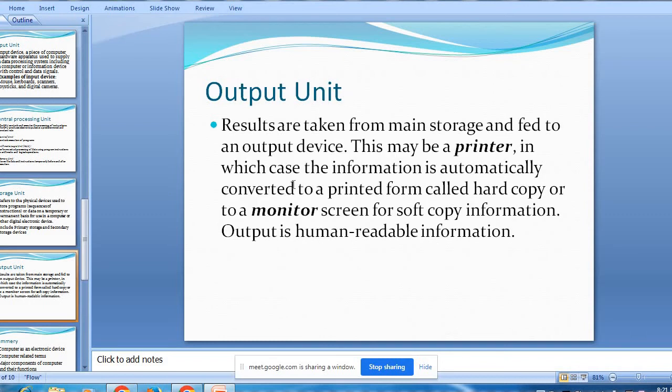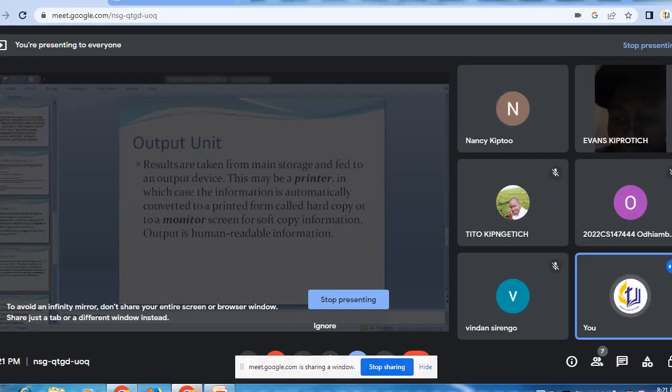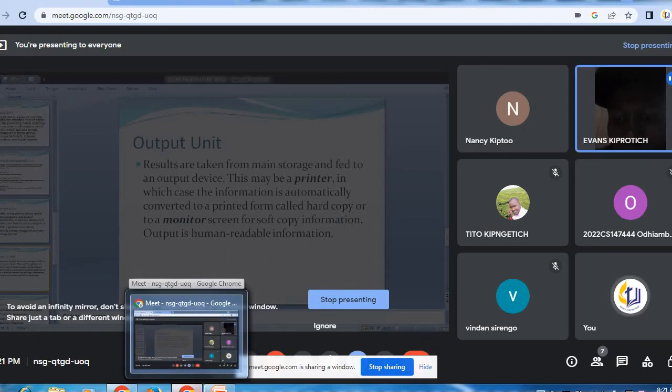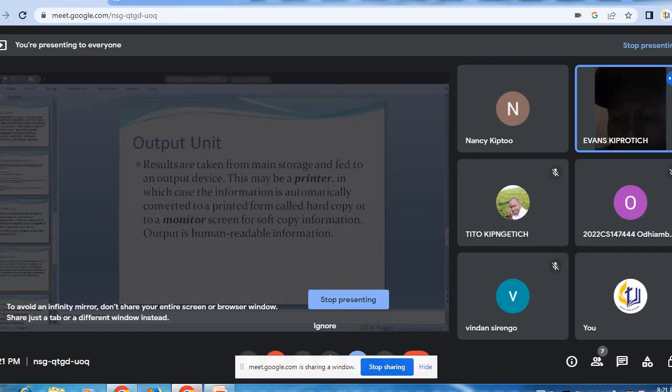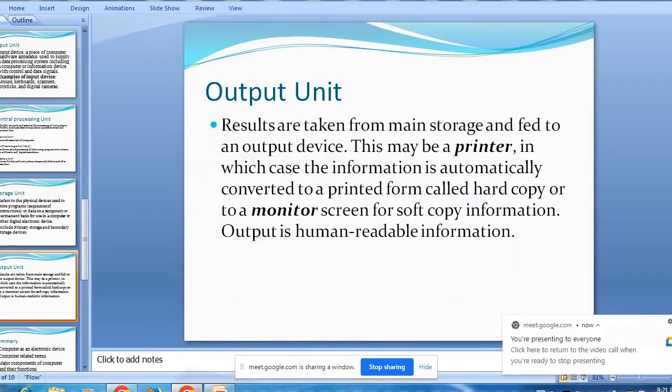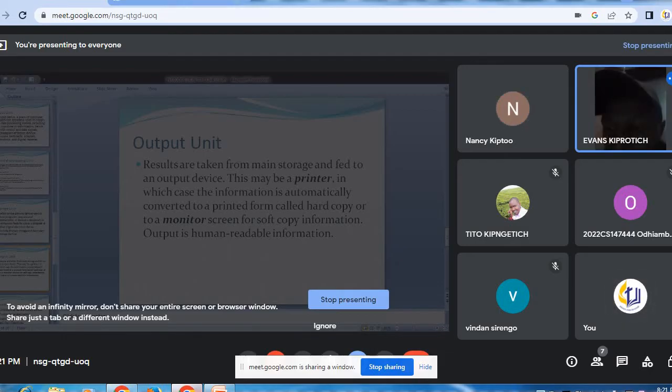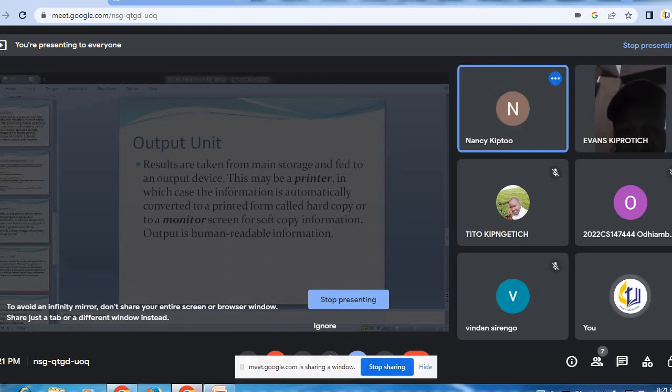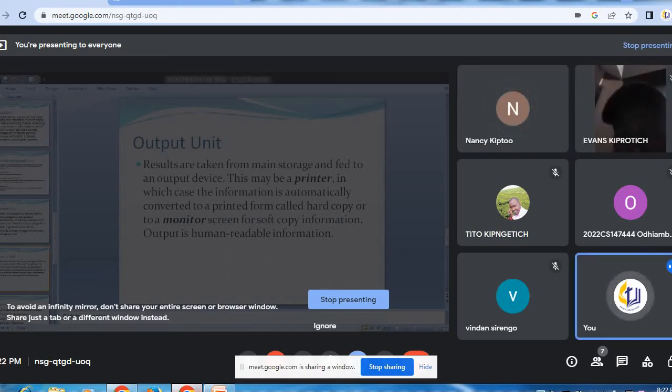And then finally, another unit is the output unit. Can you raise up your hand and tell us what happens inside the output unit of the computer?